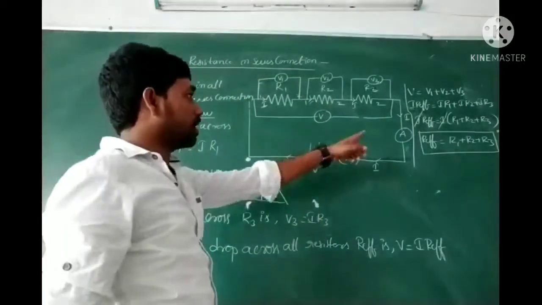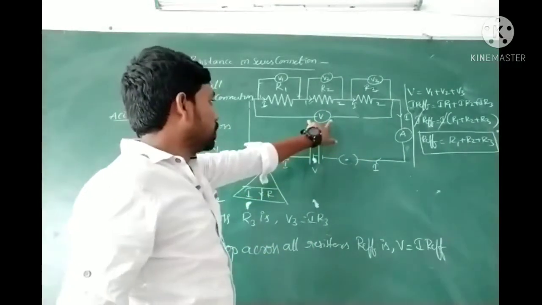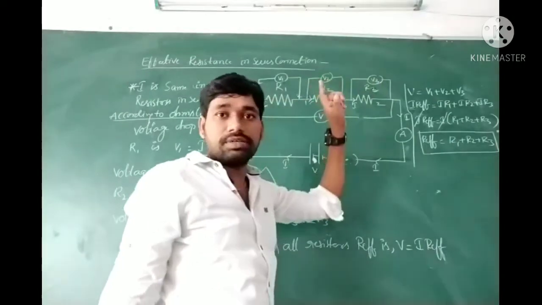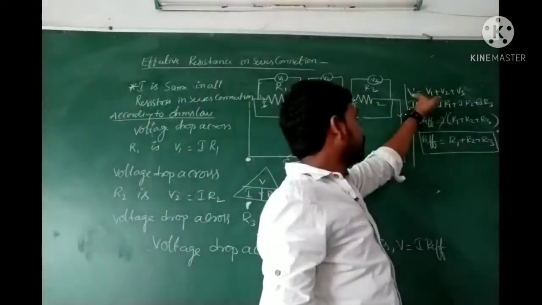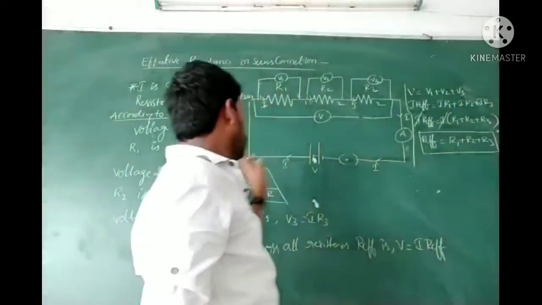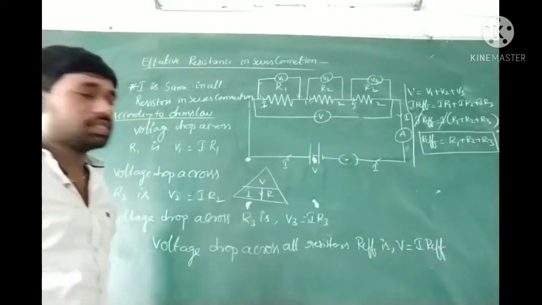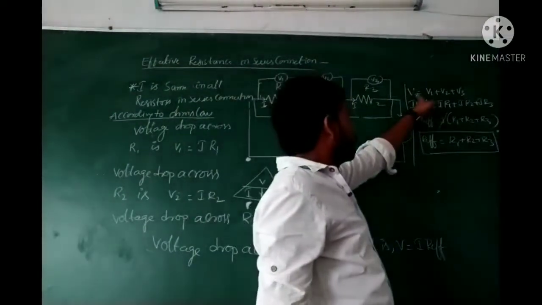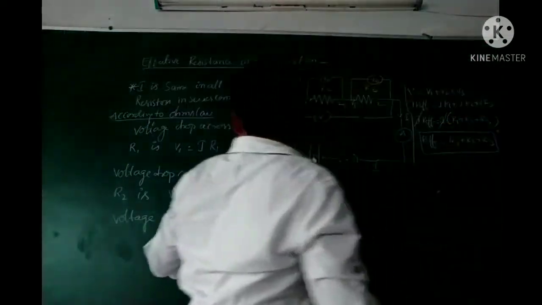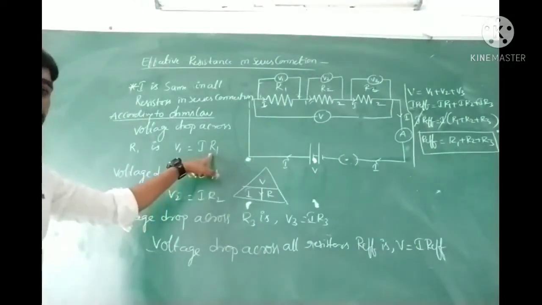Here you can see clearly, the total voltage drop across three resistors is nothing but the sum of the voltage drops across the 3 voltmeters. V is equal to V1 plus V2 plus V3, and already we know the voltage drop across each resistor. V is nothing but I into R effective. V1 we already calculated as I into R1.